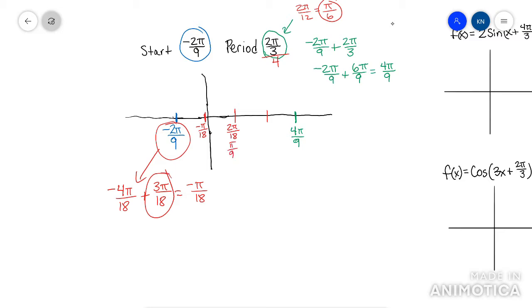Then I would add another 3 pi over 18, so 5 pi over 18, that one doesn't reduce. A good way to check that you did this right is to add the last 3 pi over 18. That would be 8 pi over 18, which is 4 pi over 9, which is my finished location. So that's why this is so difficult. It's all about common denominators.